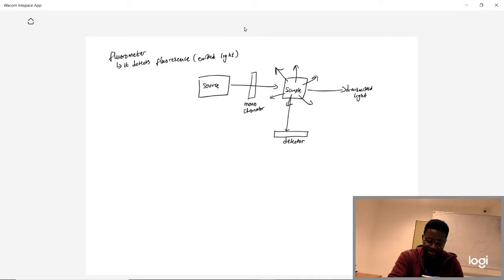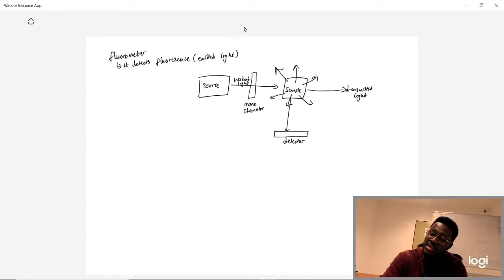Okay, so now let's go back to the equation that you mentioned: the transmitted light intensity compared to the incident light intensity. That's the Lambert-Beer law, right? So what does it say? You have your incident light and your transmitted light.